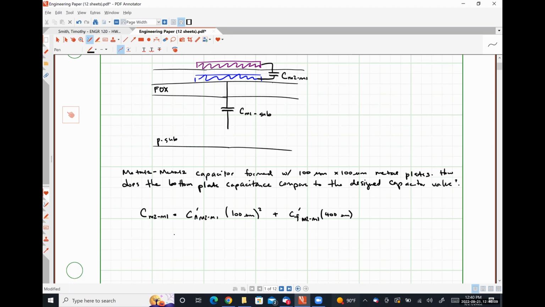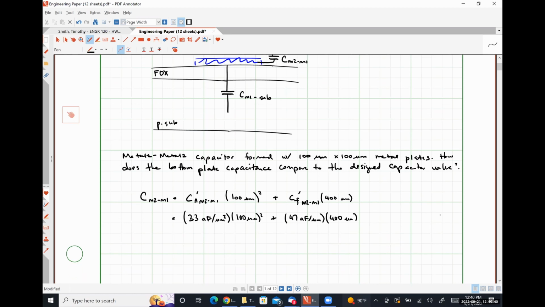From the table, I believe that I provided you guys, it should be 33 attofarads per micron squared of capacitance between the metal 2 and metal 1 layers. And then the fringe capacitance should be 47 attofarads per micron. I think I left my table upstairs, but it's not like I couldn't pull it up.